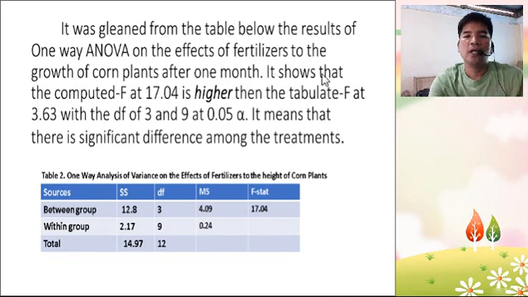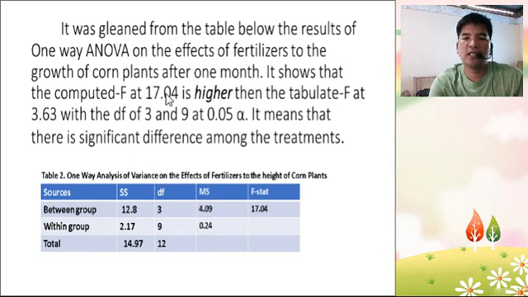Okay? It shows that the computed F is 17.04, which is higher than the tabulated F. The tabulated F is the F in the table. Okay? At 3.63. So the tabulated F in the table is 3.63.